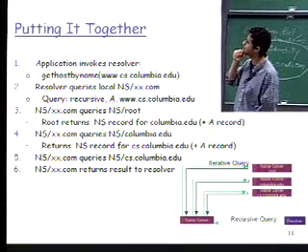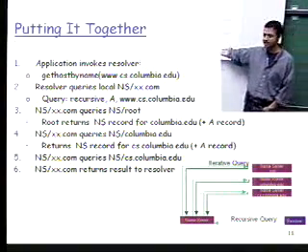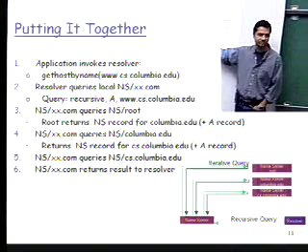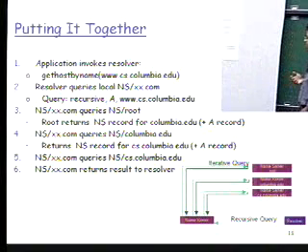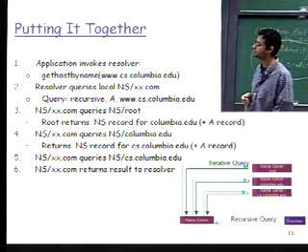It will ask a query. This resolver will send a recursive query to its local name server, and then the local name server goes through iterative queries, gets the correct answer, and supplies it to the resolver.